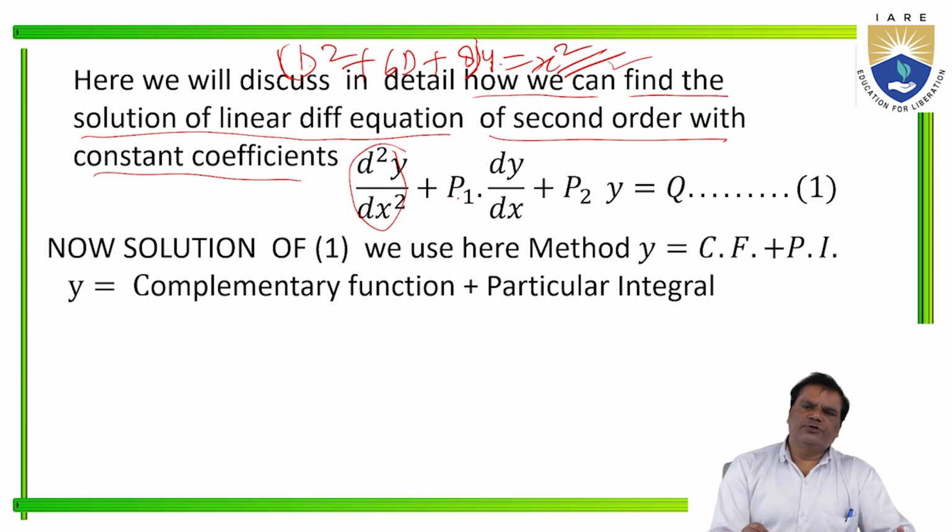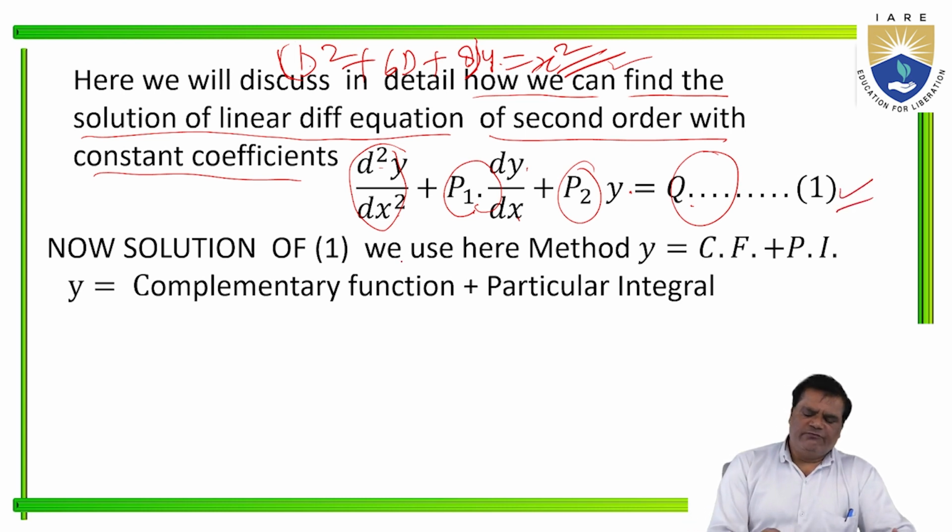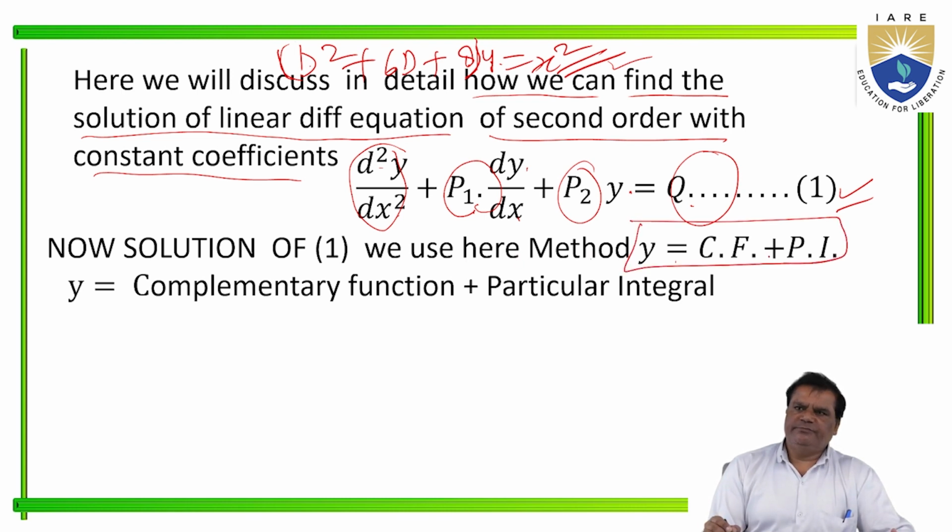This is the general equation of a linear differential equation of second order with constant coefficient. Q is a function of x here. So this is equation 1. Now for the solution of 1, we use the method y is equal to cf plus pi. This is cf, complementary function, plus particular integral, that is the complete solution.